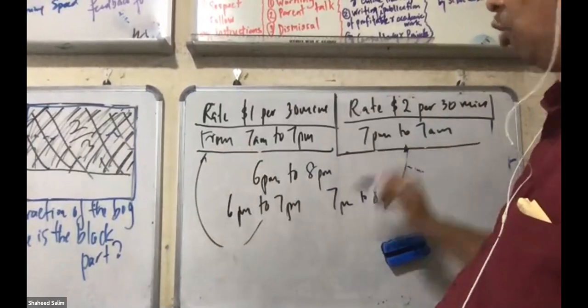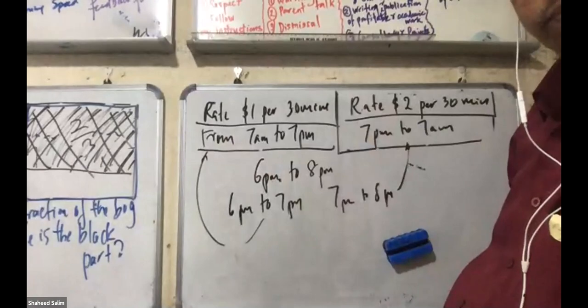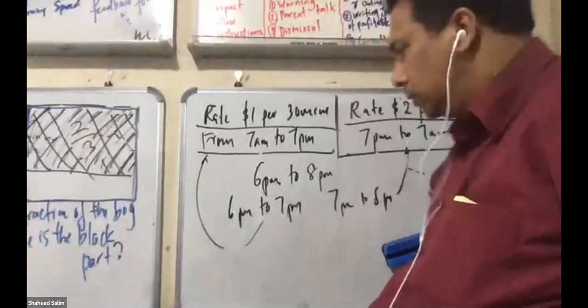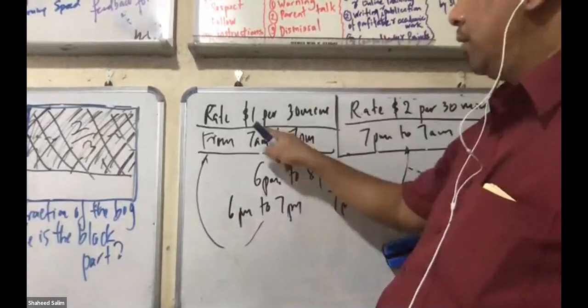So you tell me how much do I pay? 6 to 7, now I park from 6 to 8. 6 to 7, how much do I pay? $1 for 30 minutes.